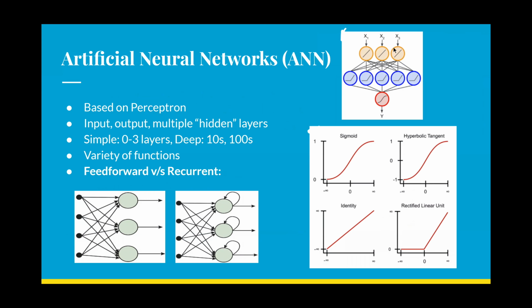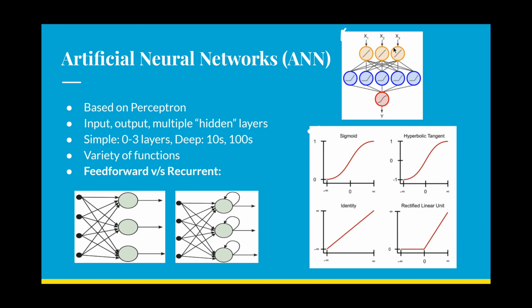So in an artificial neural network, which is based on a perceptron, we can see multiple layers of a perceptron. If you look at the right top image, you can see there are multiple layers, the yellow, blue, and red layers. The yellow layer here will be the input layer, which is taking the features from the data set.